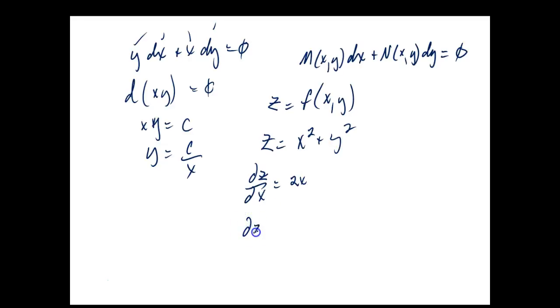But the partial of z with respect to y would be 2y. You got it. That's all you do. That's what we mean by partial derivatives. You've got more than one independent variable, so you kind of cheat by saying one variable is a constant and the other isn't. You differentiate them individually, and then you get two answers.